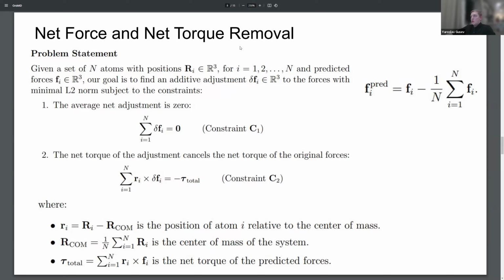For non-periodic boundary conditions this is correct, but for periodic boundary conditions it's kind of ill-defined, because it's hard to find the center of mass of such an infinite system. So they do not do that for the case of periodic boundary conditions.